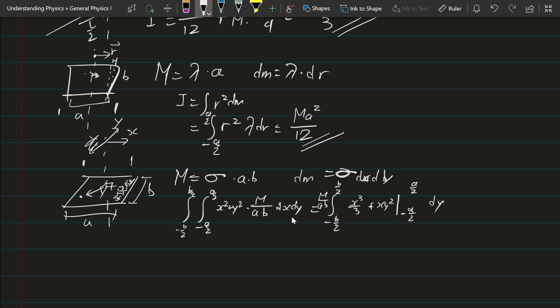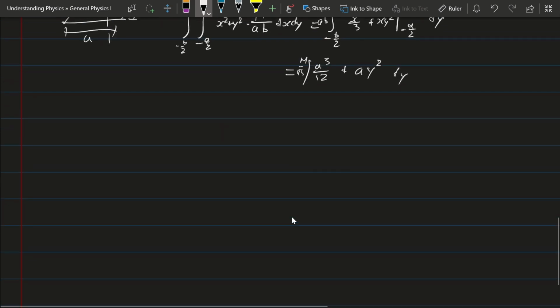This will later equal, plugging in the x, a cubed over 12 plus a y squared, times m over ab, integral dy. So we could simplify this to be m over b, the integral of a squared over 12 plus y squared dy from negative b over 2 to b over 2.